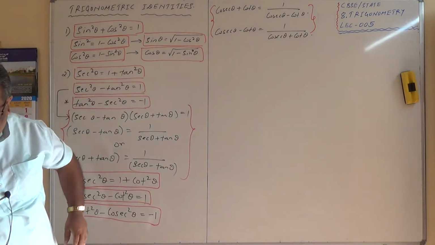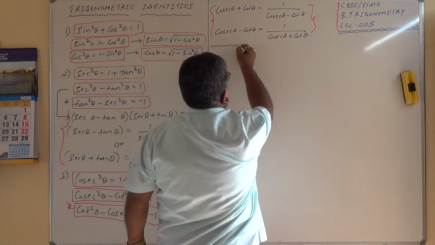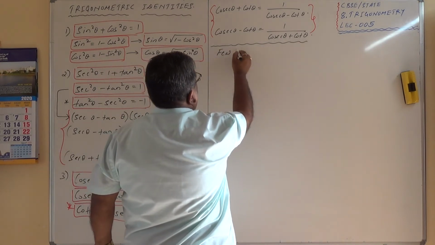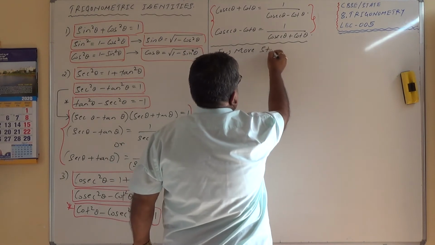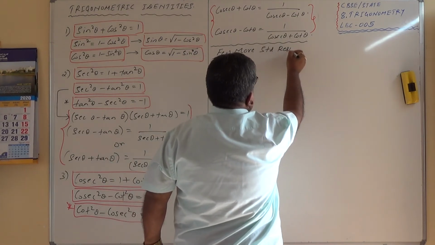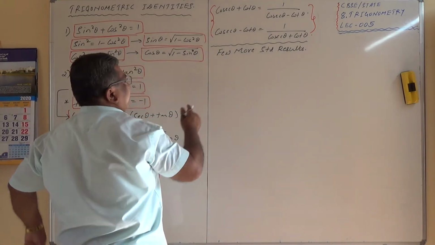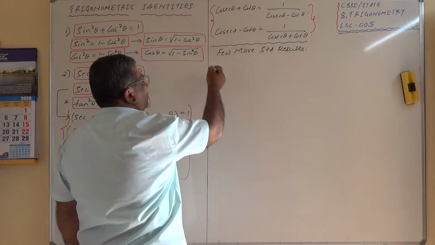Now list down a few more identities, a few more standard results. One, two, three. These can be written as 1, 2, 3 separately.